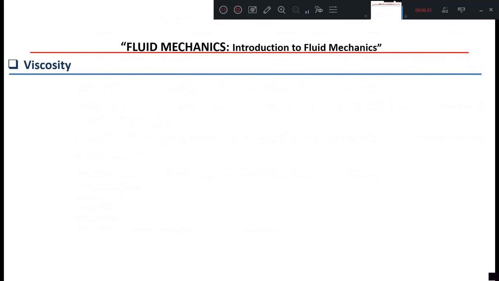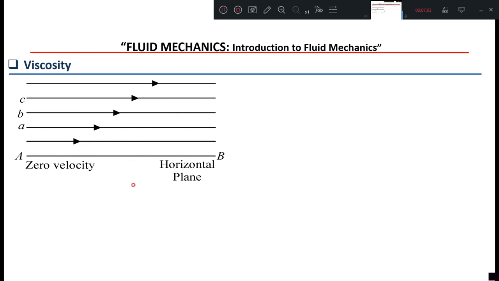So again, how do the viscous forces exist between the fluid layers? As we have defined, viscosity is a measure of a fluid's resistance to flow. How exactly the resistance of a fluid takes place, and how the viscous forces exist between the layers, we'll see in this section.